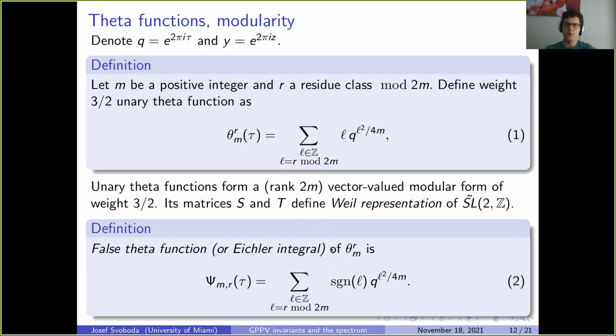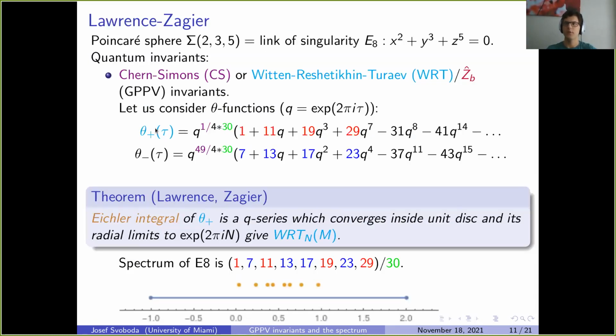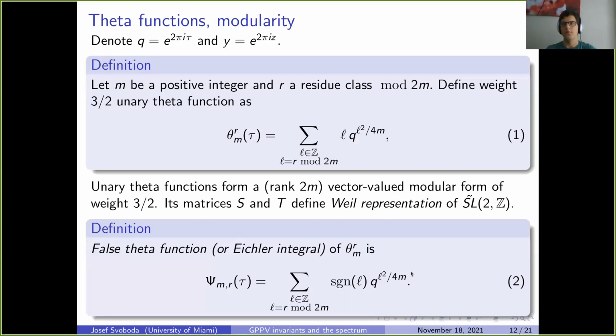So you need to take this Eichler integral, and then you recover the Witten-Reshetikhin-Turaev invariant. It's not just limits of this theta function, which would be too simple, but a very simple modification. Basically, this is just some derivative of the theta function with respect to the second variable, which I don't write here.